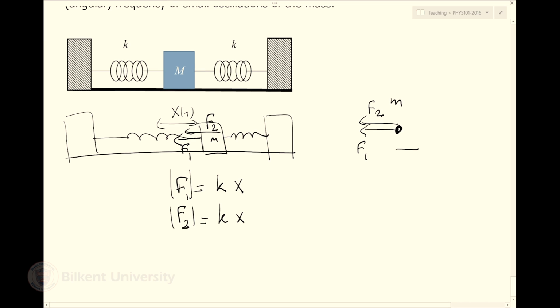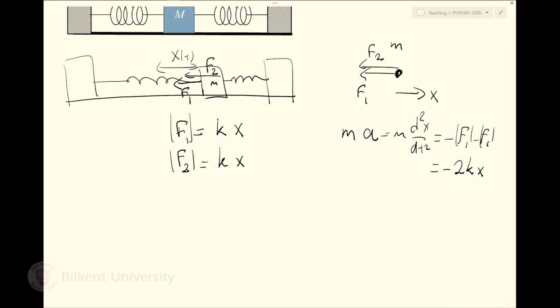But I chose x to be in the positive direction, so what is m times a, which is m times d squared x dt squared? It's going to be minus F1 magnitude minus F2 magnitude, or minus 2kx. Why the minus sign? Because it's opposite to the direction of x, right? The forces are trying to restore me to x equals 0.